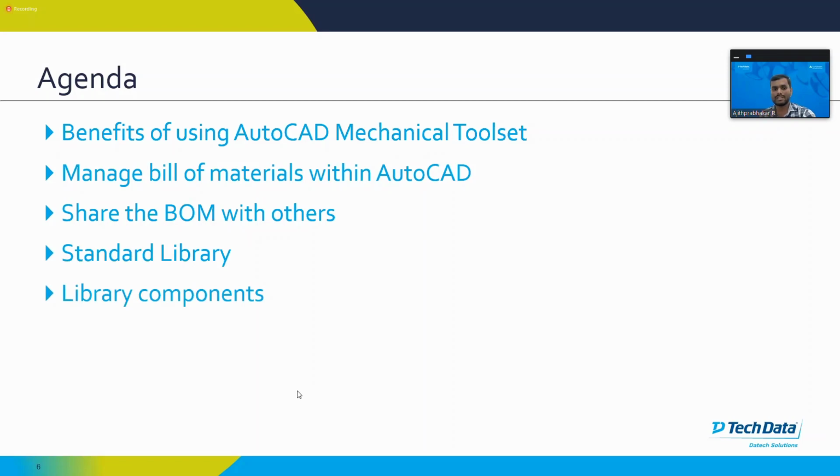The difference between the standard libraries and the library components will be discussed in detail in the following slides, and also the subscription benefits. As we all know, AutoCAD is more of an online software, and we are providing major subscription benefits for the customers who are opting in. These topics will be covered in the following slides.